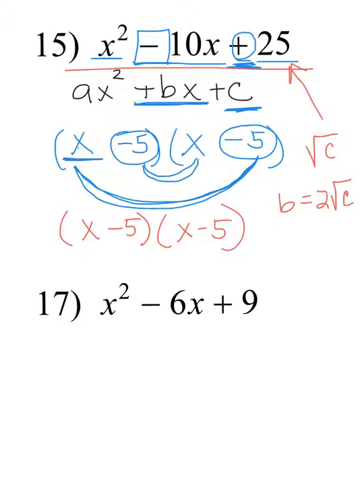The square root of c is 5 in this problem. And the absolute value of the b term has to be equal to 2 times the square root of c. Well, the square root of c is 5, so the absolute value of b has to be 10. Certainly it is, because our b term is negative 10.